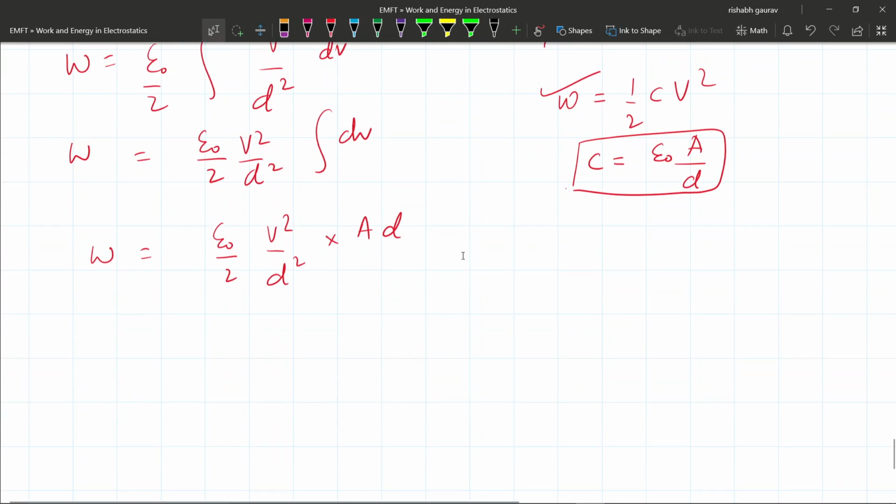Now collecting all the terms, it will be epsilon naught A by D, divided by 2, times V squared, and this is nothing but half C V squared, with C the capacitance.